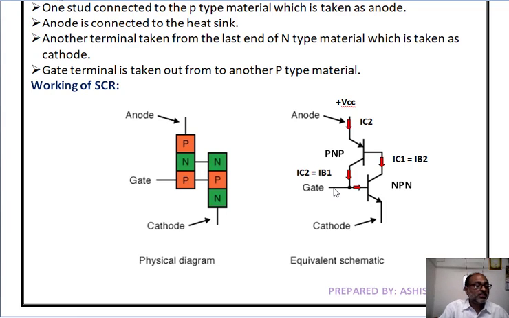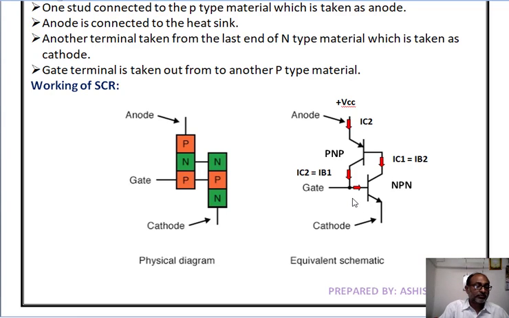So due to this base current being 0, transistor T1 operates in the cutoff region. That means there is no collector current IC1 passing through transistor T1. And the collector current IC1 is nothing but the base current of transistor T2. So IC1 and IB2 are both 0. In this condition, both transistors act as an open circuit, which means no current passes through the load.